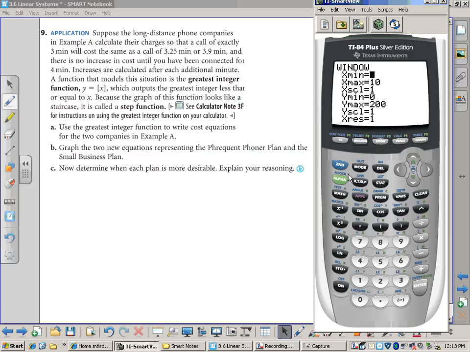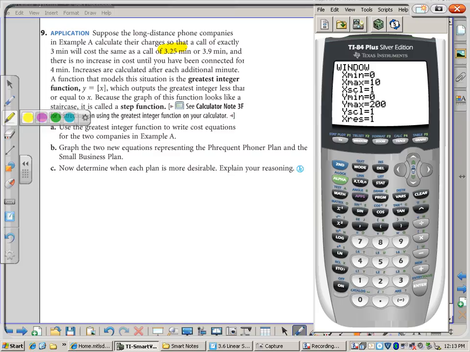And with that problem, basically, you're looking at getting charged no matter if you use 3 1/4 minutes, you would get charged for that extra quarter of a minute. If you talked on the phone for 3.9 minutes, you would get charged for that extra 0.9 minutes. Problem 9 changes that so that if you talk for any time over a certain integer, for example, 3, if you talk for 3.25 or 3.9 minutes, you only get charged for the 3 minutes.